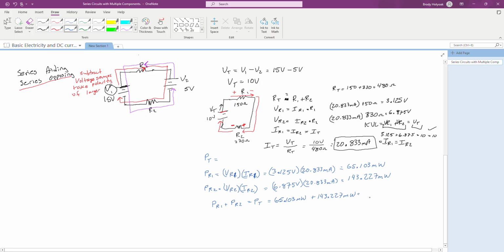I get a total of 208.33 milliwatts. And then I can double check that against my power total just as a calculation.